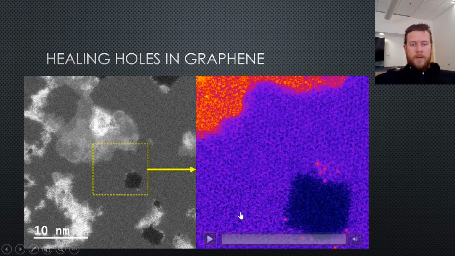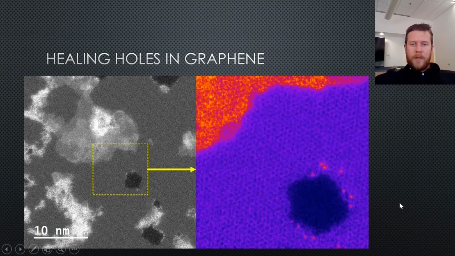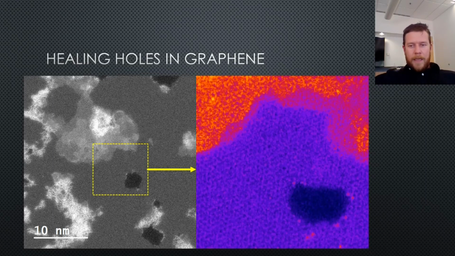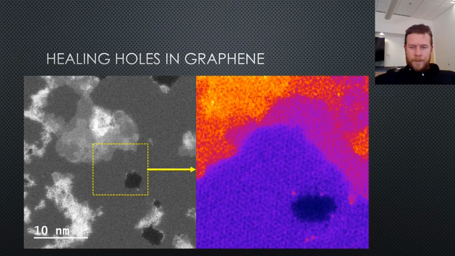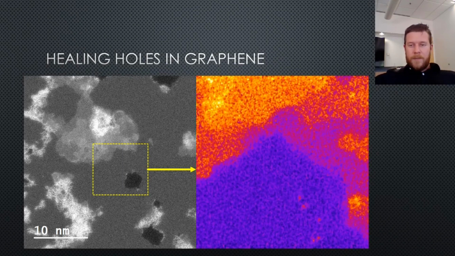But as you will see here, in this video with just a little bit of carbon source nearby under the beam, we're actually able to heal this hole, and it disappears. So this may be a way to heal holes that are unintentional. We found we can repair graphene.